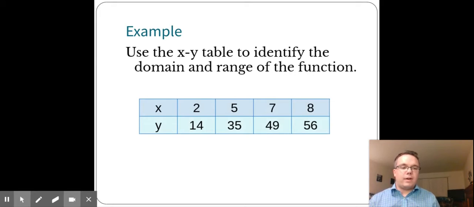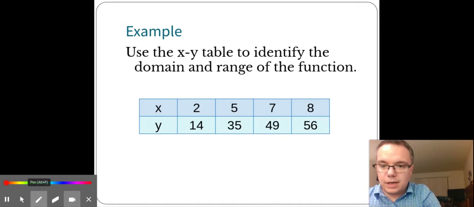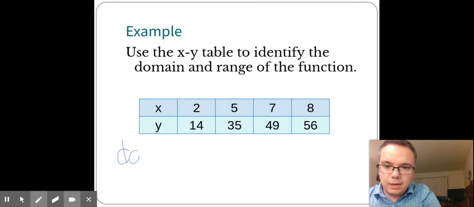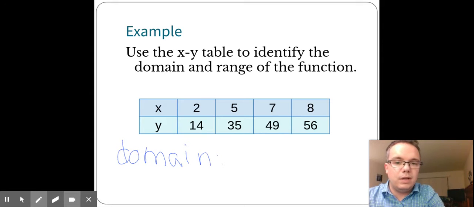So that brings us to our first example. In our first example, we're going to tell what the domain and range are for this function. First of all, is it a function? Let's make sure that it doesn't share any x's. It does not. So now we can list our domain and range. So our domain is going to be whatever numbers we put in. And remember, we always put our x's in and get our y's out. So our domain is our x's, 2, 5, 7, and 8.